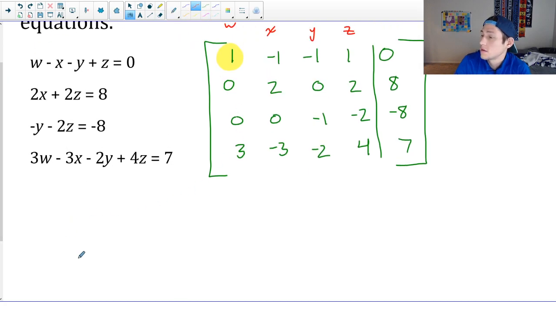Okay, so first matrix operation. I'm thinking, what do I add to 3 to make 0? -3. So -3 times row 1 plus row 4.